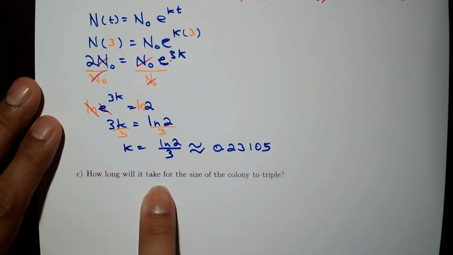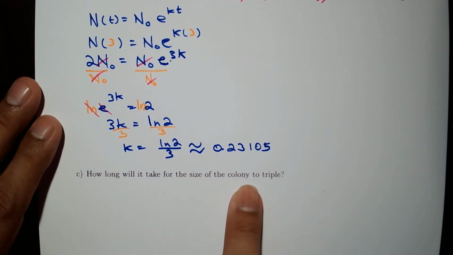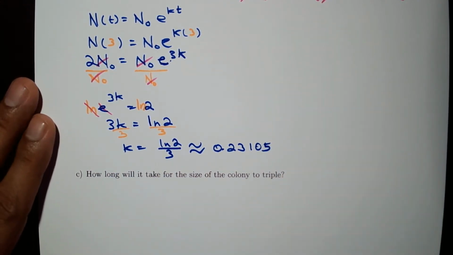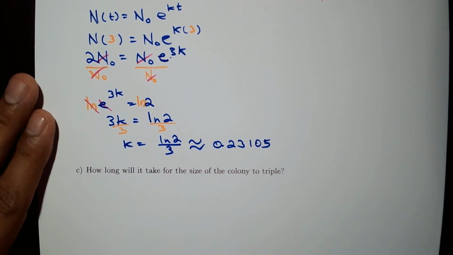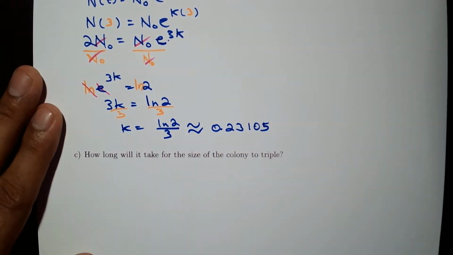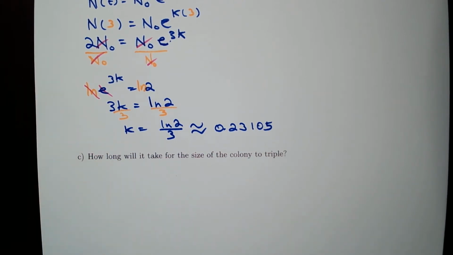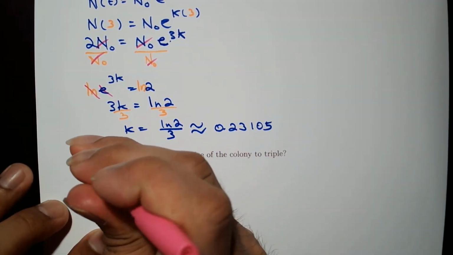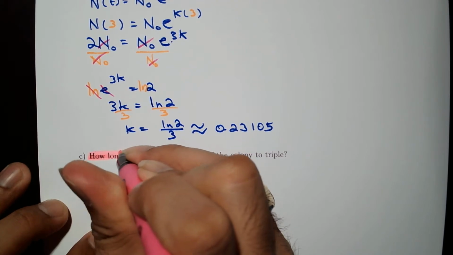Now there is another question. How long will it take for the size of the colony to triple? This will be very similar to the previous part. How long? That's the question now. It's about time.